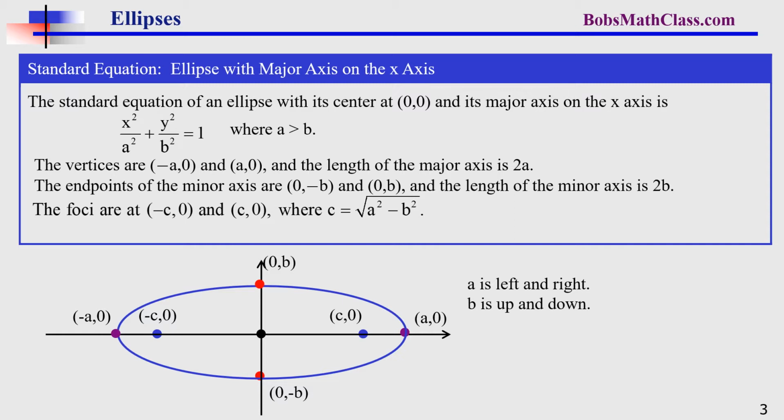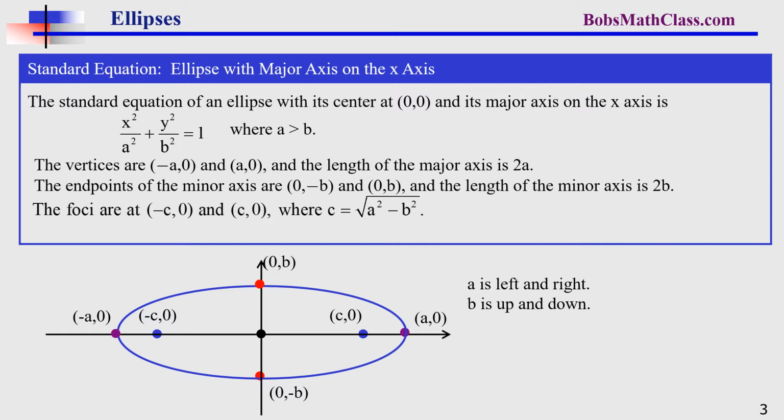It goes farther left and right. Notice that underneath the x is an a, and underneath the y is a b. So associate the a with x and the b with y. The a will go left and right, just like x does, right? And the b will go which way? Up and down, just like y.